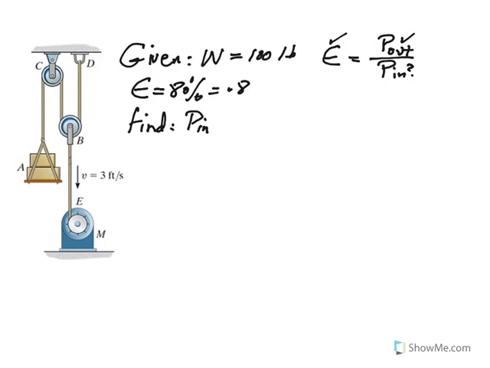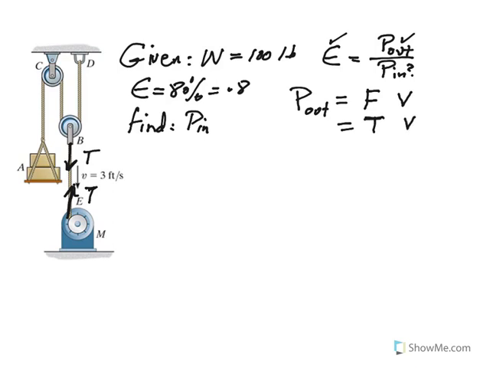The power output for a problem like this can be calculated by finding the tension in this cord, T. That tension is the force, and if you multiply the tension in that cable by the velocity, which is 3 feet per second, that's how we calculate the power output. So this is basically the tension in that cord times velocity.